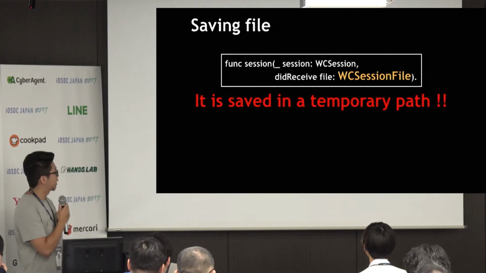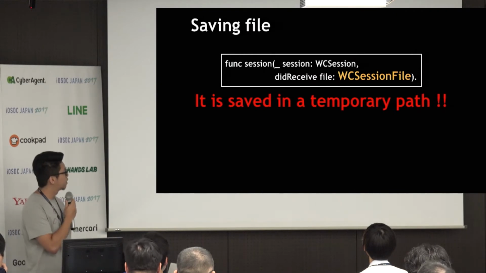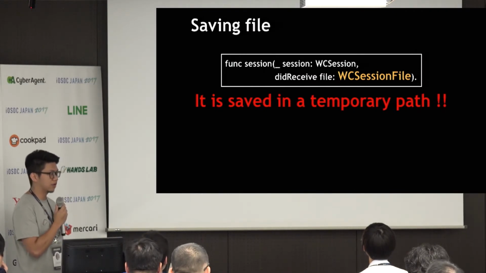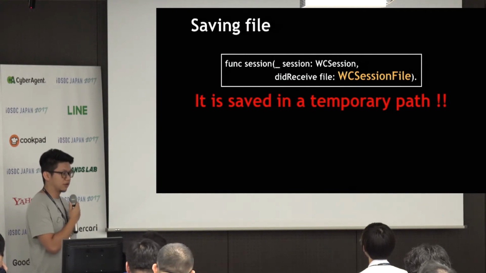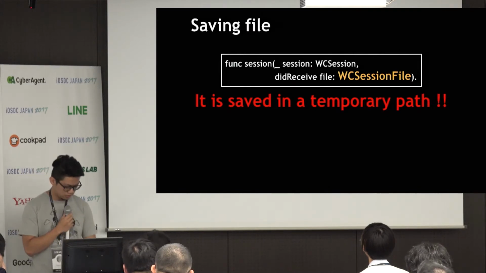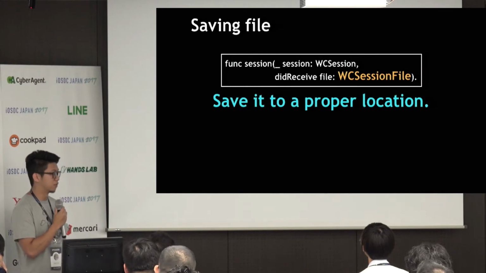So we go to the next step. When the delegate method didReceive file is called, the system will save the file to a temporary location. As soon as this function returns, the system will remove the audio file. So please save the file to an appropriate location, or it will be removed.